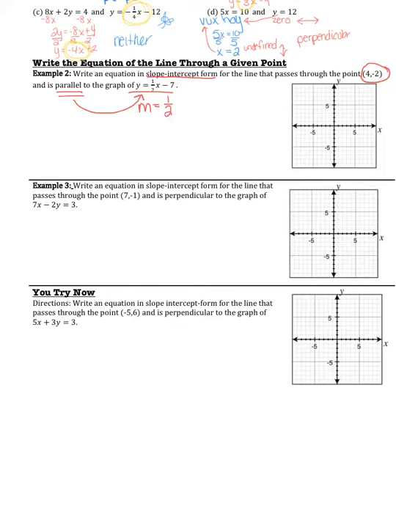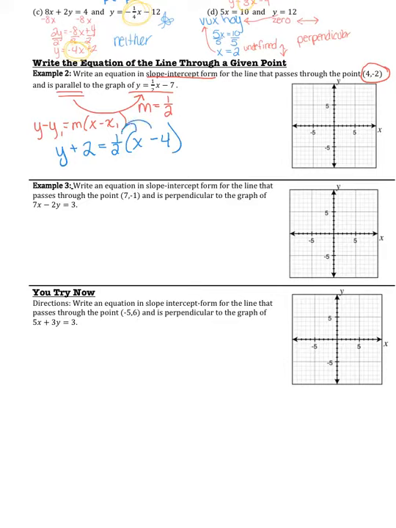And this kind of reverts back to our first video, writing equations of lines given a point and a slope. So I'm going to plug this into point-slope form and then eventually manipulate that to slope-intercept so I can graph it. I'm going to use that given point, so I'd have y plus 2, because it's a negative, is equal to 1/2 times x minus 4.